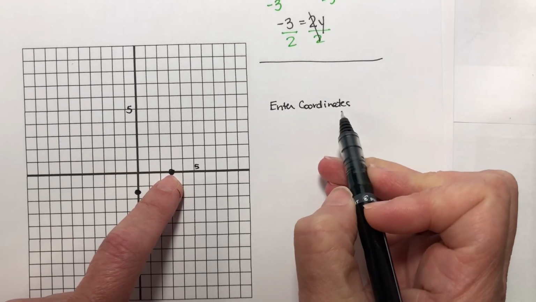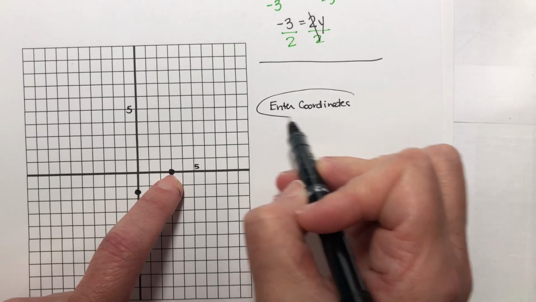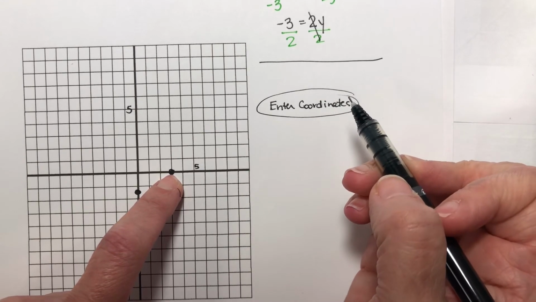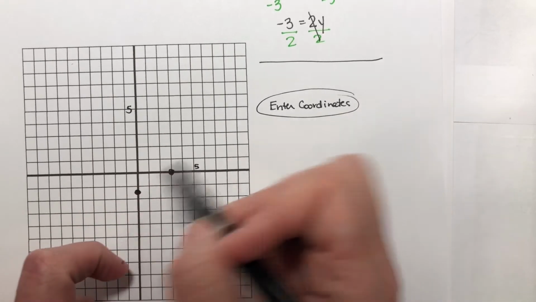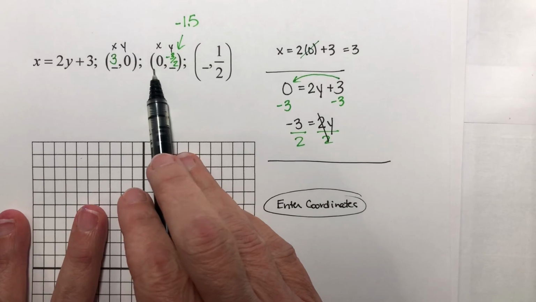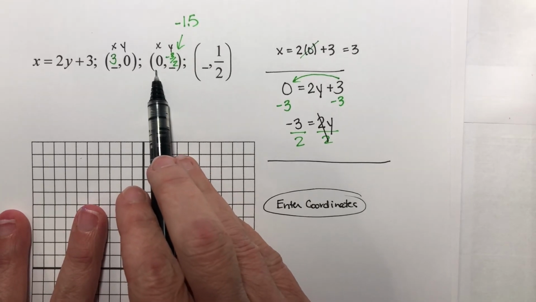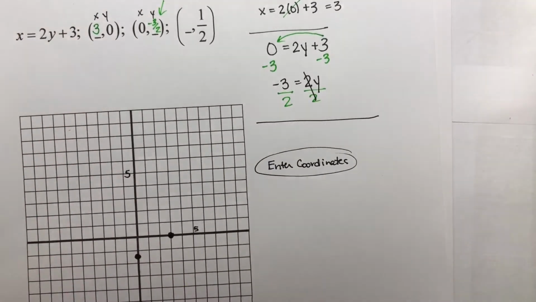I could click on that and then I could type in the points I need. This is going to be the best way for you to graph fractions in the program. So if I drew a random line and I wanted to change it to this, I would click a point and say change enter coordinates. I would change it to 0, negative 3 halves, and it would plot it perfectly for me.